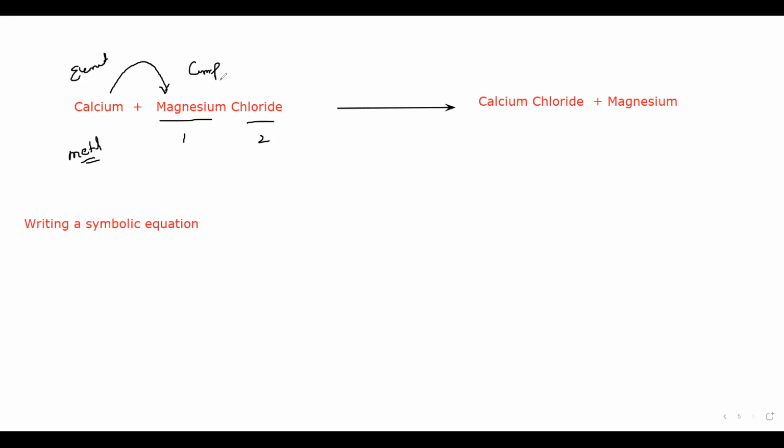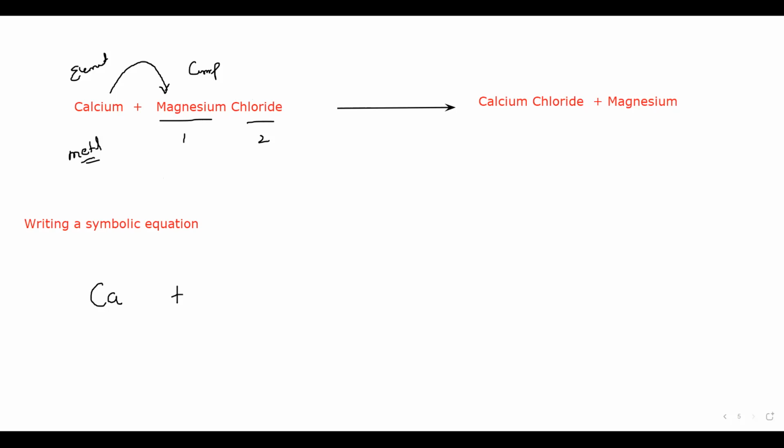If it's a metal, then it should be an atom. If it's a non-metal, it should be a molecule. For a compound, we write the valencies and complete the equation. Calcium is a metal, so it should be an atom, so Ca. Plus magnesium chloride is a compound.